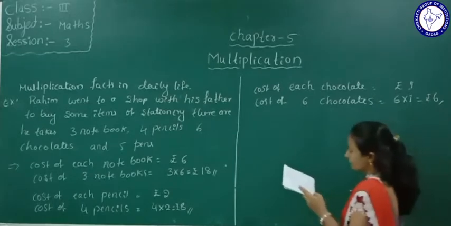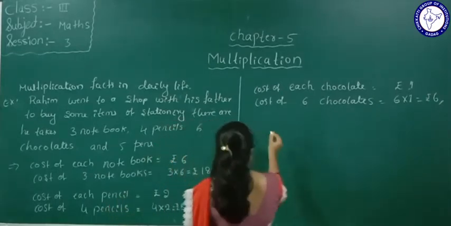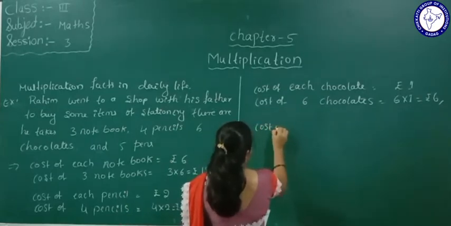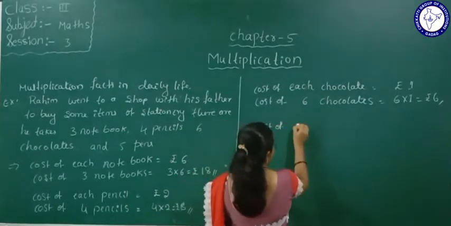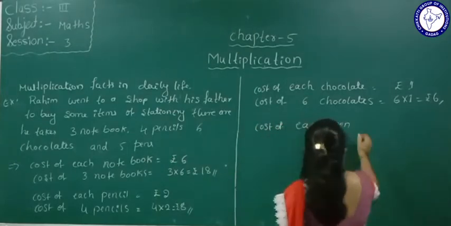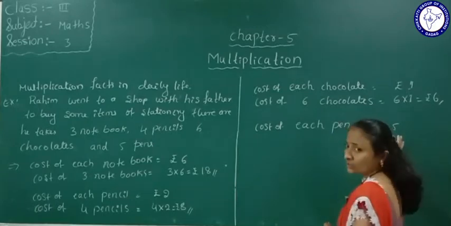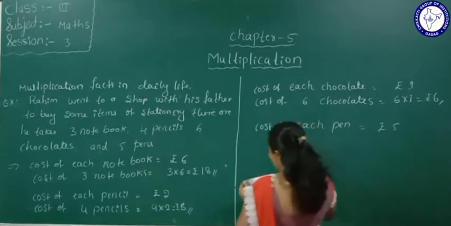Next one, last one, that is the pen. The cost of each pen is rupees 5. So one pen's amount is 5 rupees.